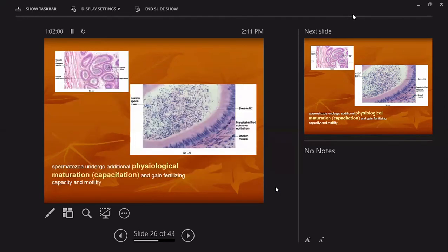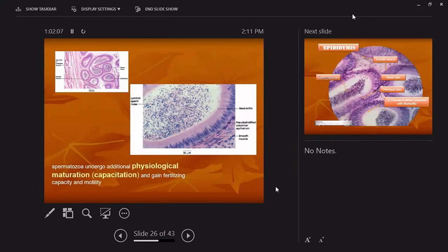There you are. Spermatozoa undergo additional physiological maturation occurring in the epididymis, called capacitation: the capacity to travel and the capacity to fertilize the ovum, or the egg.